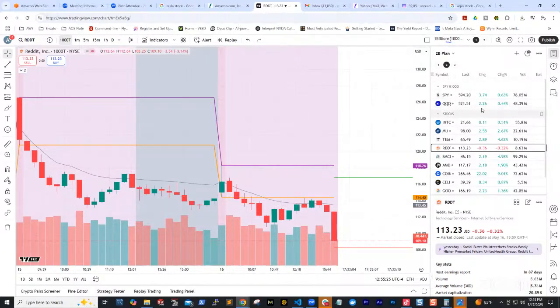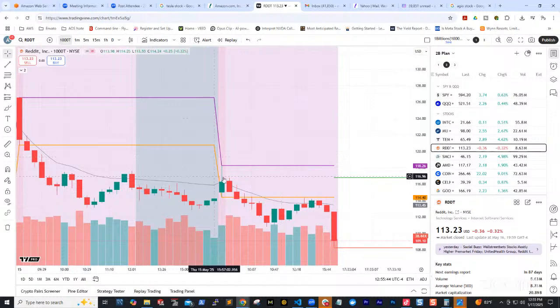So I have this thing here. This is the index for S&P and NASDAQ. The rule of thumb for me is if these two are green, it means the sentiment for the market for the day is bullish, right?